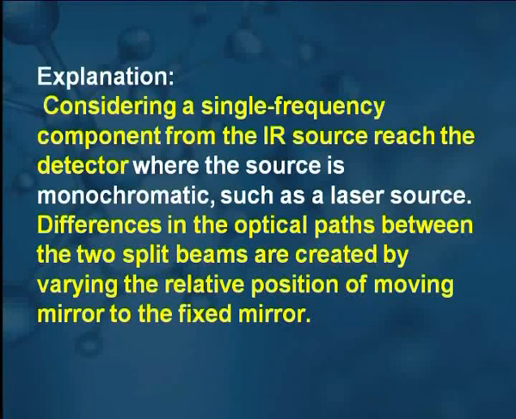Now consider a single frequency component from an IR source reaching the detector, where the source is monochromatic and the light coming from the source is also monochromatic. The two split beams are created, and the optical path difference is varied by changing the relative position of the moving mirror with respect to the fixed mirror.